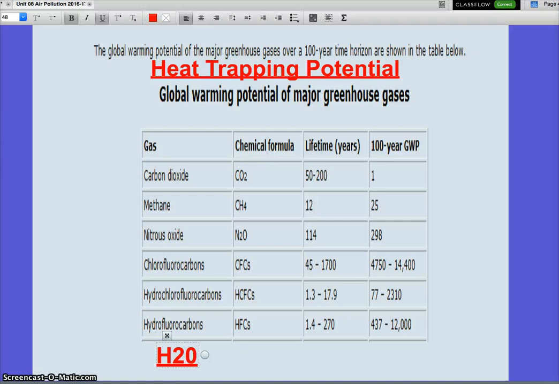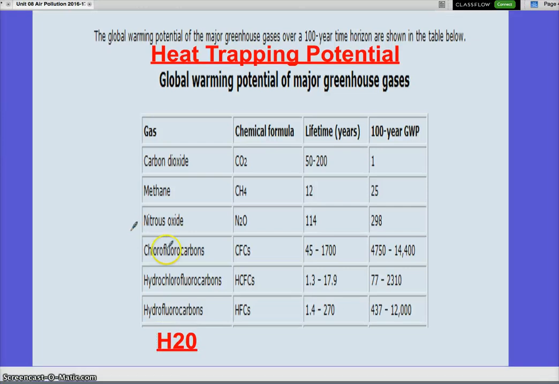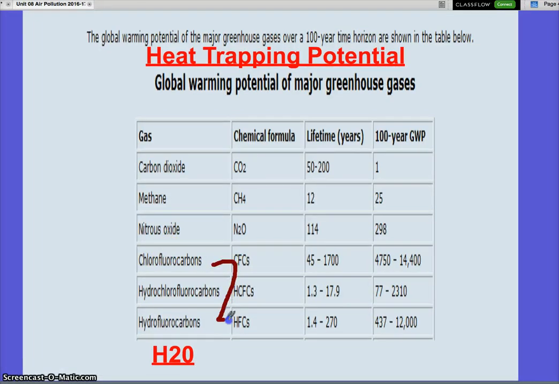And I may be exaggerating with 100,000, but it's a lot. Second, we're going to say are hydrocarbons. Third is nitrous oxide. Fourth is methane. And fifth is carbon dioxide. Carbon dioxide traps tiny amounts of infrared rays, but there's so much of it that it's still something we're concerned with.